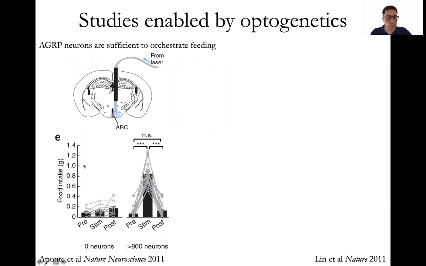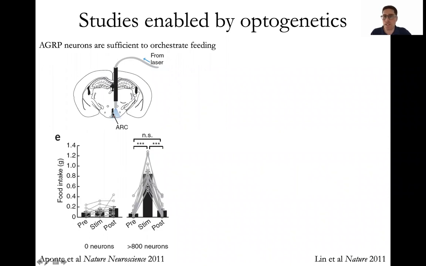So this is shown by Aponte et al., Nature Neuroscience 2011, where they activated a particular subtype of neurons, the AGRP neurons in the hypothalamus, and showed that when they activate a large number of neurons, during that stimulation, they can cause the animal to eat more food. They found the neurons that appear to be sufficient to orchestrate feeding.